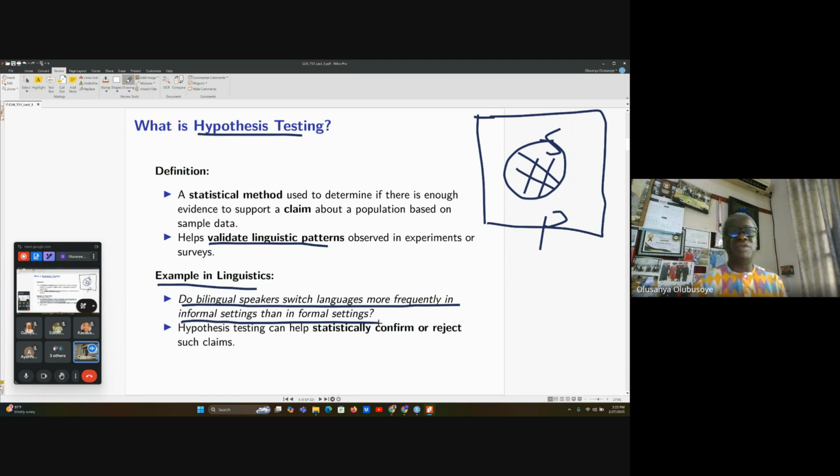Who can explain what that question is actually aiming at?